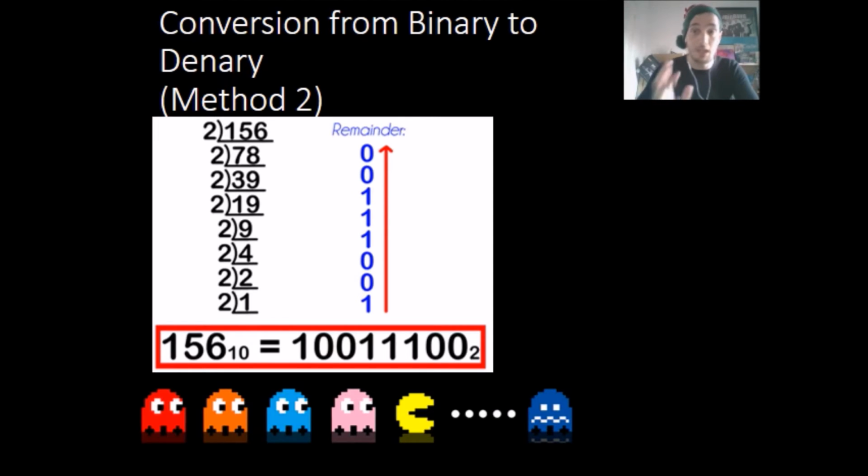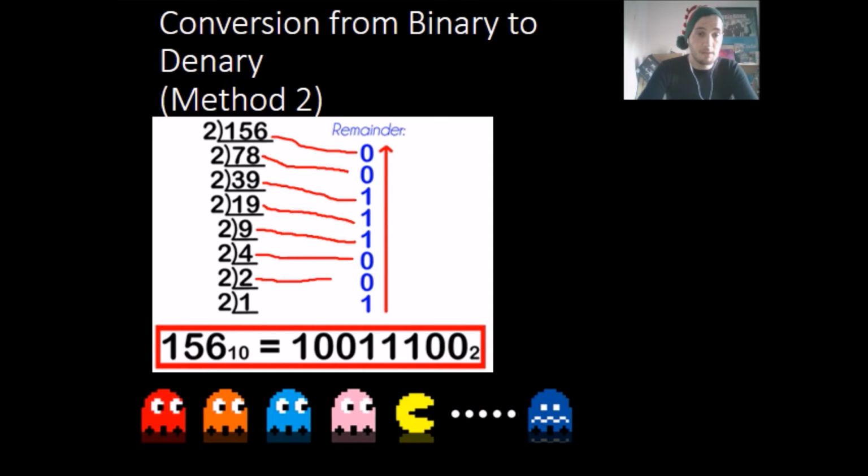So if you've got a larger number like 156, if I divided this by 2, you can see that 156 divided by 2 goes into 78, so that is 0 remainder. 78 divided by 2 creates 39. 39 divided by 2 is 19, and you end up with a remainder 1, not 0.5. 19 divided by 2 ends up with 9, and you end up with a remainder of 1. 9 divided by 2 is 4.5, so you get a 4 and a remainder 1. 4 divided by 2 is 0. 2 divided by 2 is the 1, and this is where this final 1 comes in.